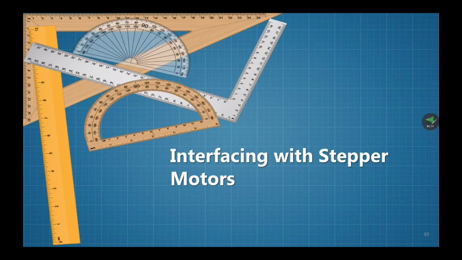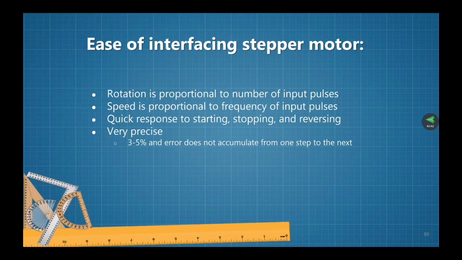And for interfacing with the stepper motor, rotation is proportional to the number of input pulses, and speed is proportional to the frequency of the input pulses. It has quick response to starting, stopping, and reversing, and is very precise.